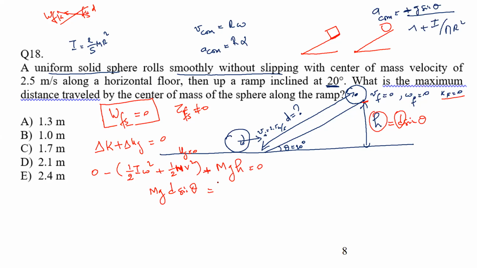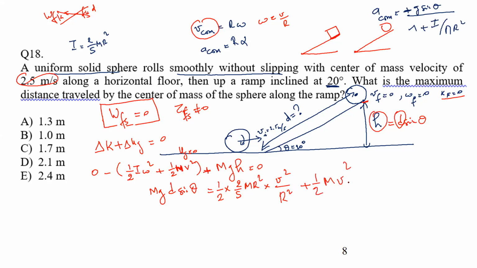This is equal to half I, and I will write it as 2/5 of MR square times omega square. Omega is V center of mass divided by R, so it will be 2/5 times V square divided by R square, plus half M V square.